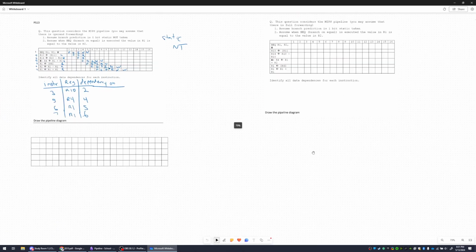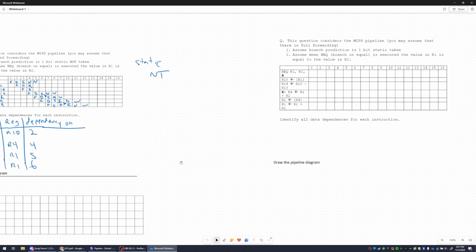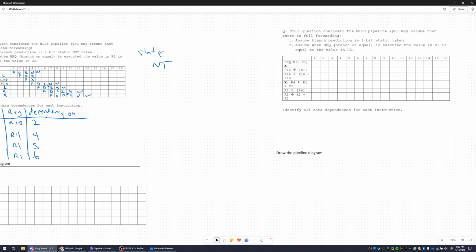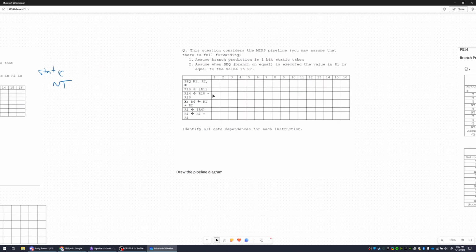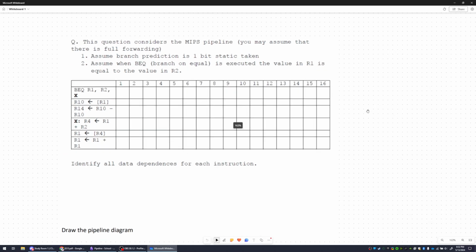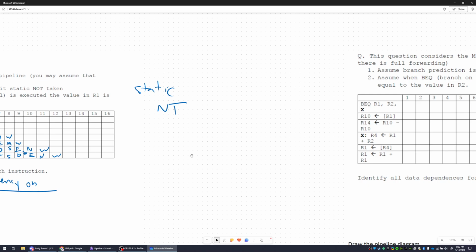Okay, so that was that, and then were there any questions on that question? Okay, so for this one, since it's static not taken, why are we starting fetch before exec for line 2?